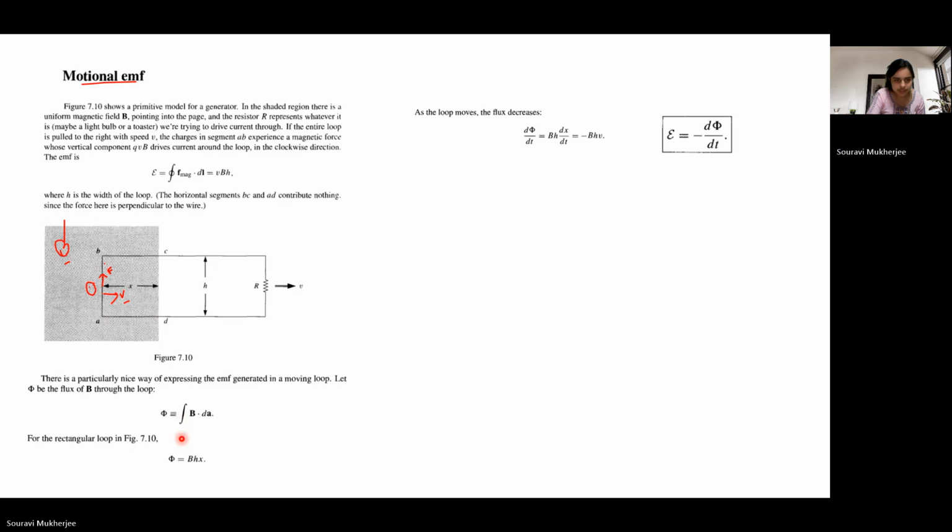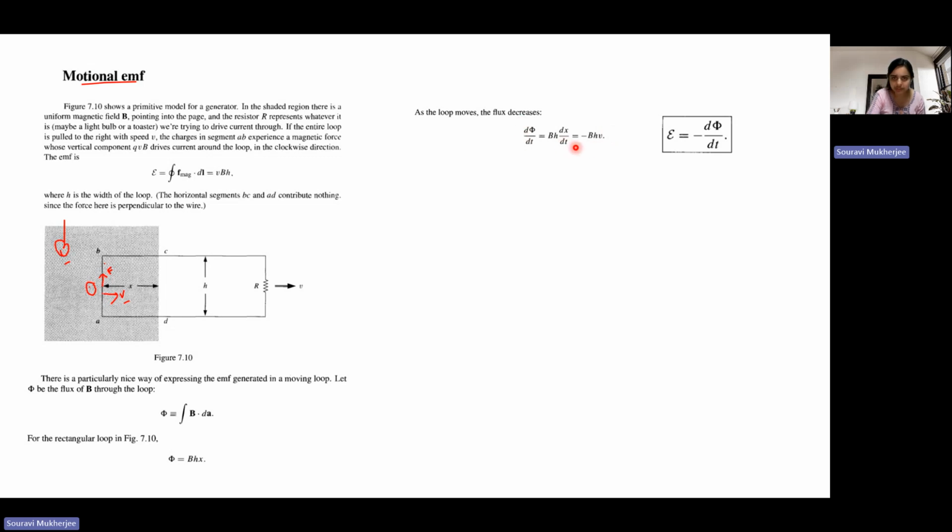For a rectangular loop like this, you can take small segments. Because you're moving with velocity v in this direction, if you take this direction as x, phi is Bhx. This is h, this is x. And as you move the loop, this x changes, so the flux changes by this value.